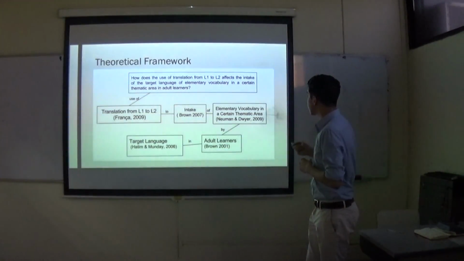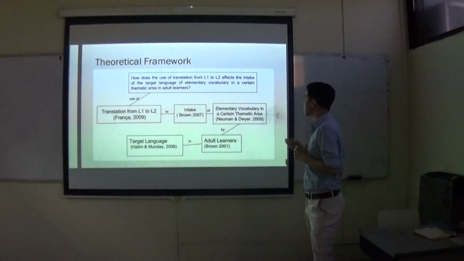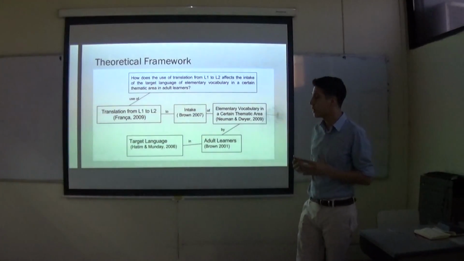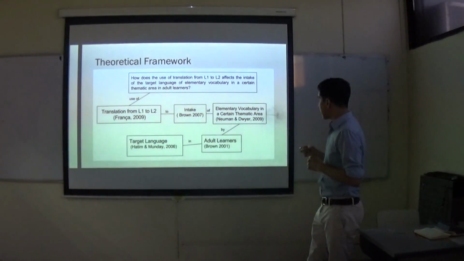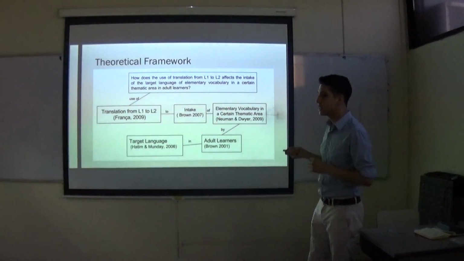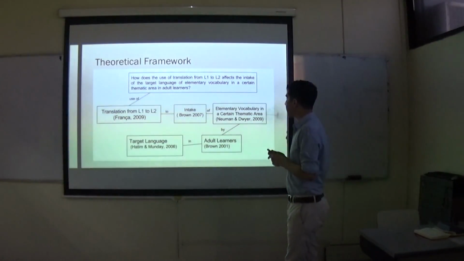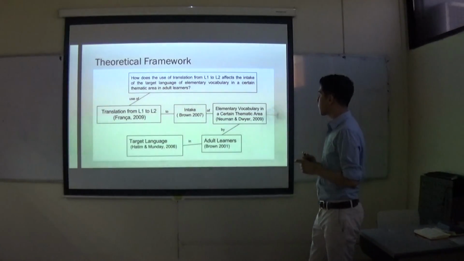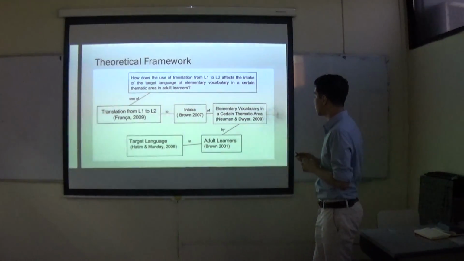The elementary vocabulary is in a certain thematic area. The elementary vocabulary is first the words that we must know to communicate effectively. In a certain thematic area, I decided to use advertising in order to contextualize the study in this course, because it was a unit of the course book that the students were working with.